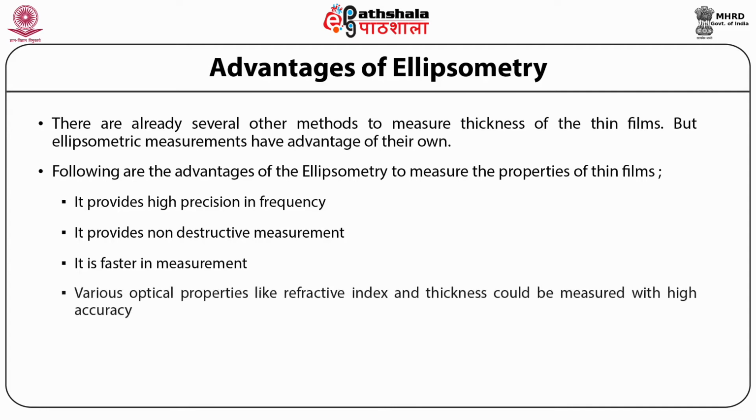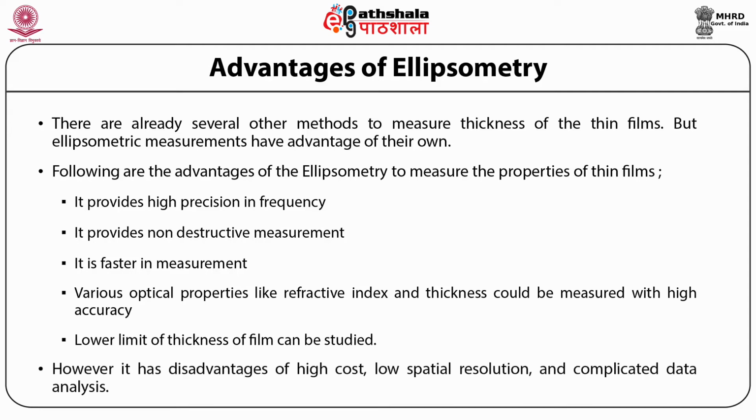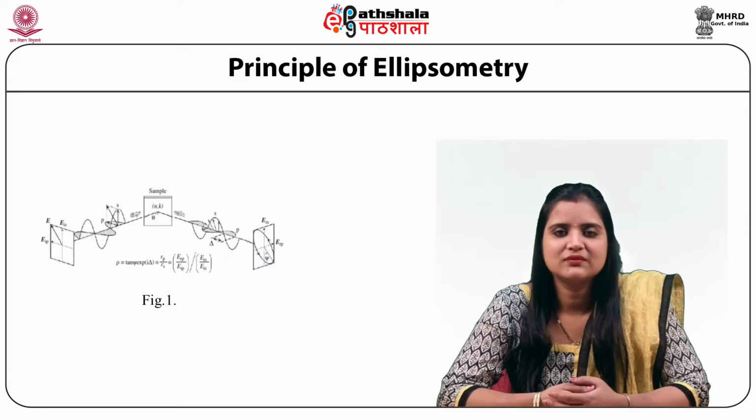Fourth, various optical properties like refractive index and thickness could be measured with high accuracy. Fifth, the lower limit of thickness of film can be studied. However, it has disadvantages of high cost, low spatial resolution, and complicated data analysis.